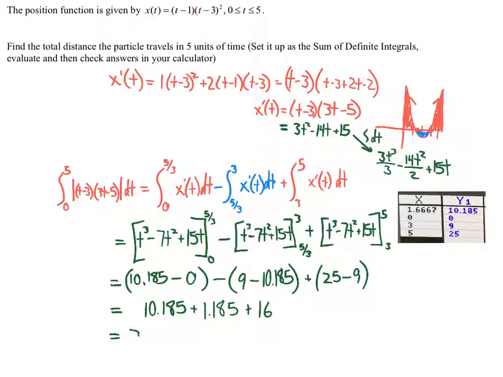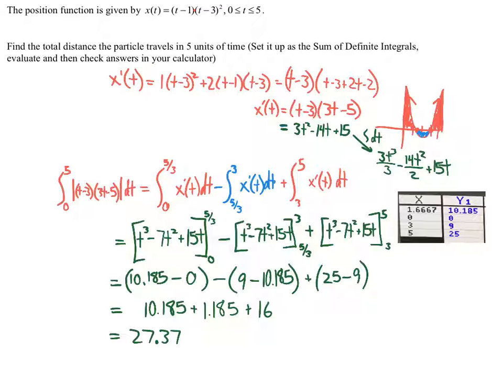So we have 27.37. Okay? And that is the total distance that this object traveled.